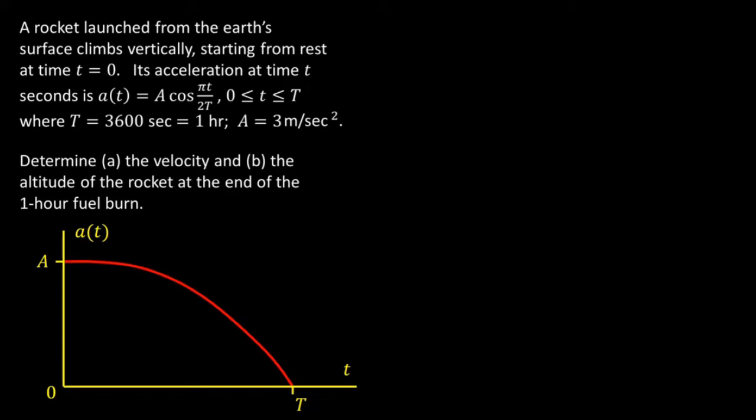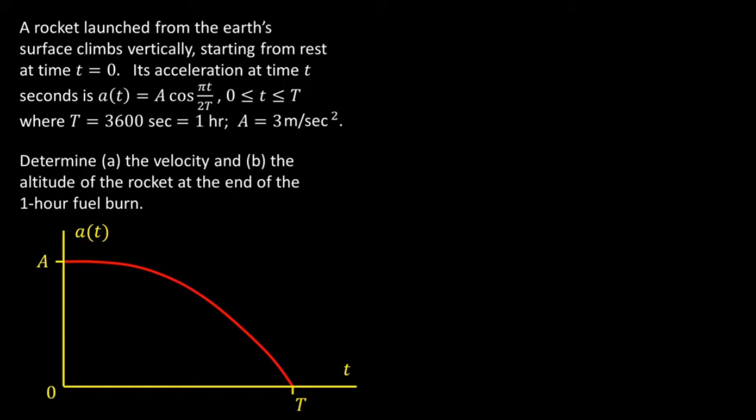The acceleration when the rocket first starts to lift off is the maximum, and then it declines over time. So the acceleration tapers off during the first hour as the fuel gets used up. Then the thrust goes down, so the acceleration is also going down.